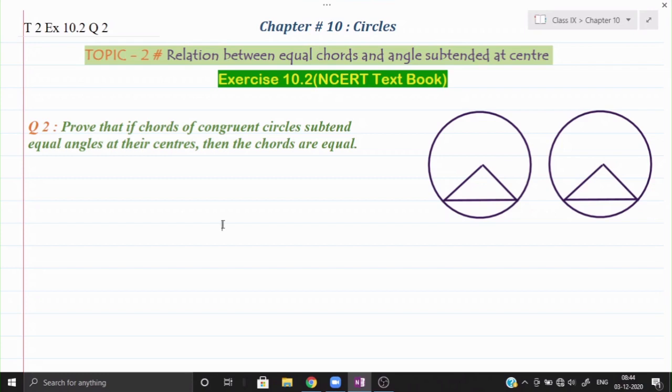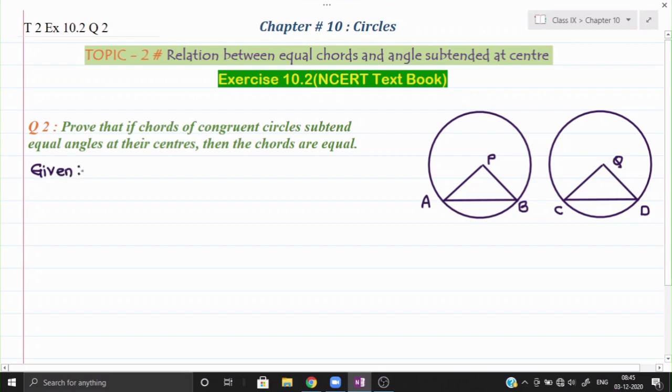In the first question, the two circles were congruent and the chords given equal, and we had to prove the equal angle at the center. Here we need to prove the chords equal, and they are making the equal angle at the center. The same way, I am naming the chords AB and CD, and the centers P and Q. First we shall write down the given things.